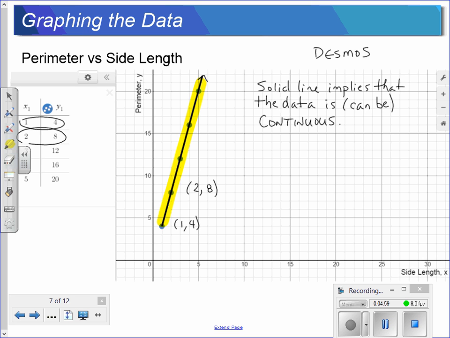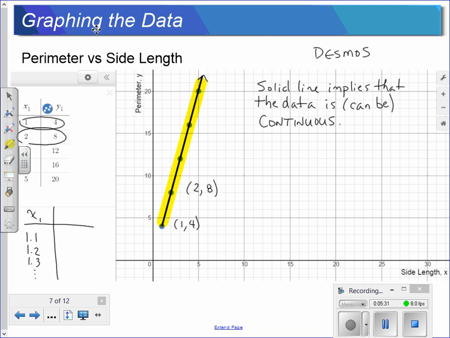If we wanted to, we could have been more precise. We could have started using decimal values, like 1.1, and increased it that way indefinitely. So when someone asks you to use continuous values, that means you're using all real numbers, all decimals, fractions, anything like that. That's fair game. So it's not just whole numbers.